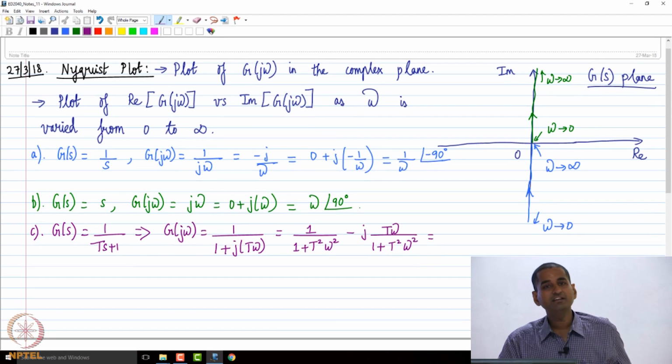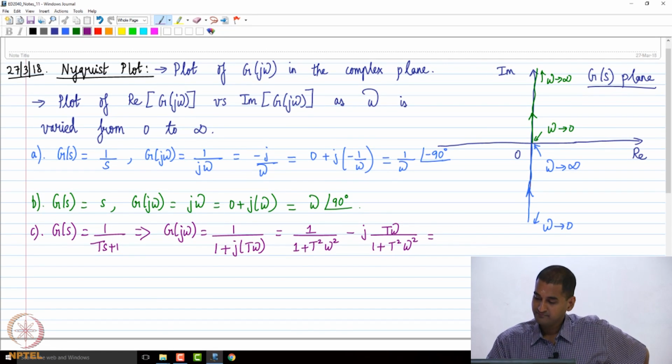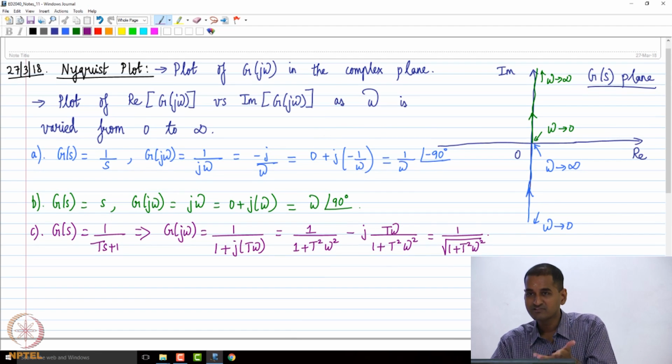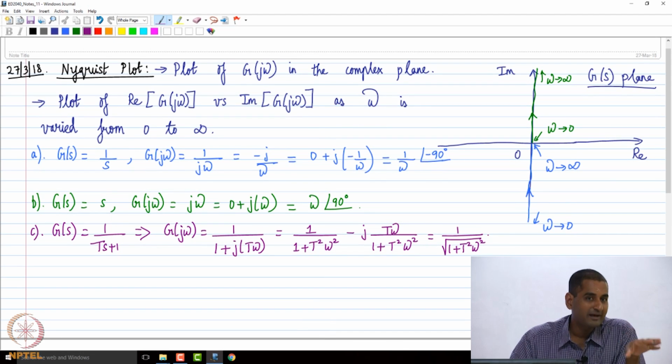So in terms of magnitude and phase, how can this be rewritten? What do you think will be the magnitude of this transfer function? It is going to be just 1 divided by the square root of 1 plus T squared omega squared. By now I am sure all of us are getting more and more comfortable, right. You look at the function itself. If you have this complex valued function and you want to find the magnitude, you have a ratio, so you just take the ratio of the individual magnitudes, right.